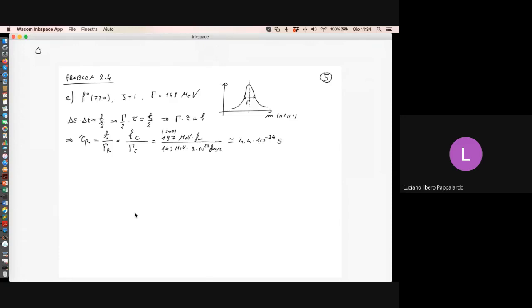Now, as we've seen last time, we know that both electromagnetic and strong interactions conserve parity and charge conjugation. These two observables are only violated by the weak interactions.